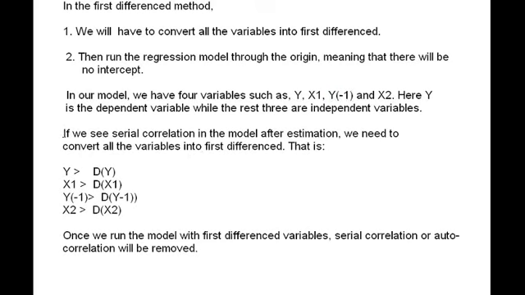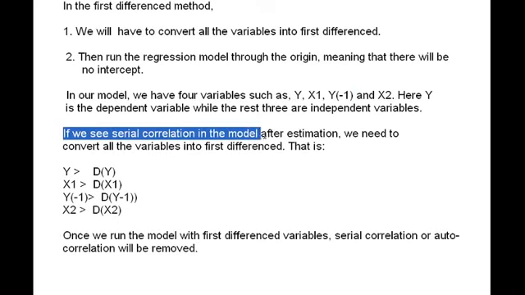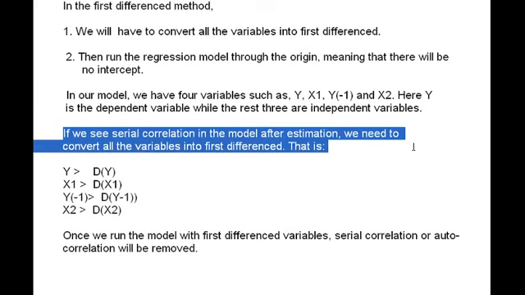Now if serial correlation is found in the model after estimation, we need to convert all the variables into first difference. I already said, if the model has serial correlation, then to remove it we have to convert all the variables into first difference.